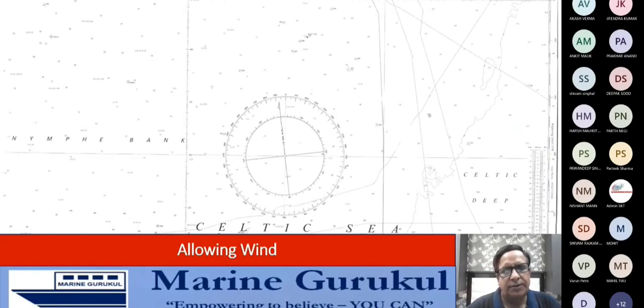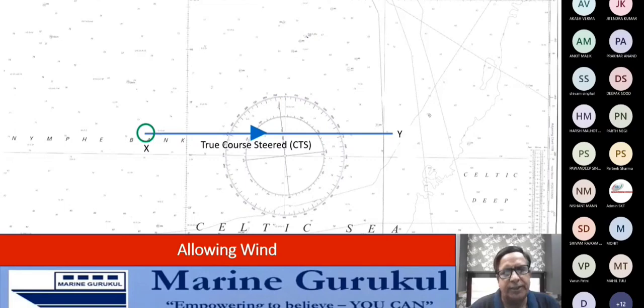Allowing for wind is the term used when we know our CTS and we are required to find our effective course or the leeway track after factoring in wind. How do we allow for wind? Let us see it through a simple illustration. The vessel is at position X, steering a course along the XY track, experiencing wind which is southerly as shown by the wind arrow.